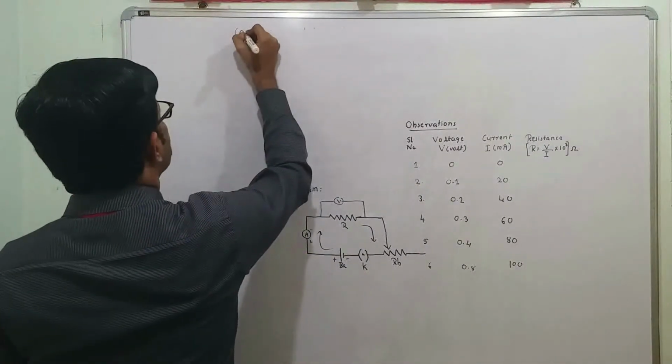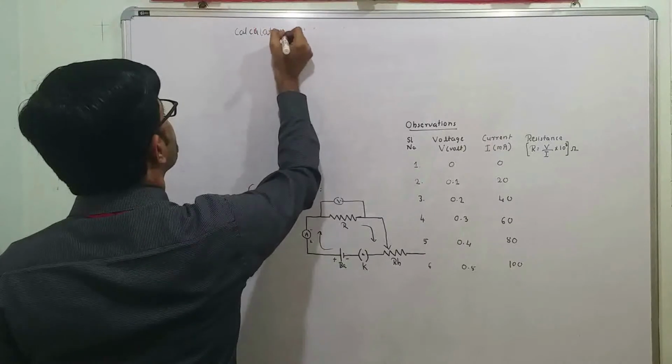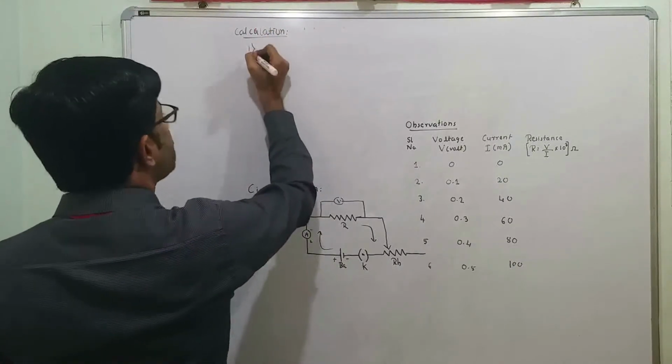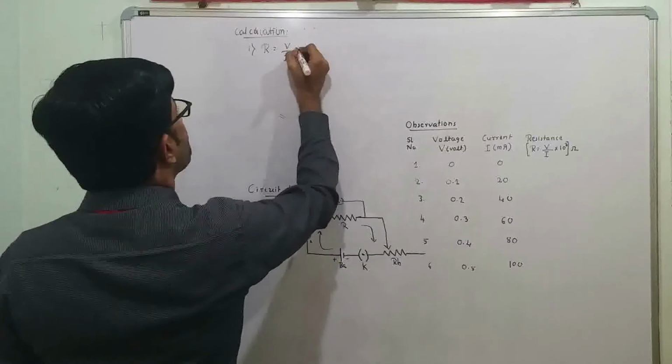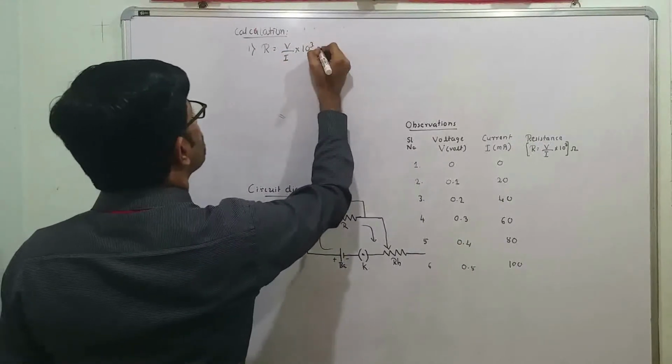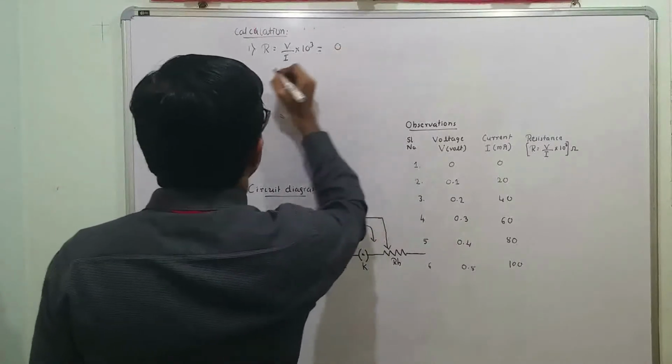So the calculation part. For the first reading, resistance R is equal to V by I into 10 to the power 3, which, since the voltage and current are 0, will be 0.